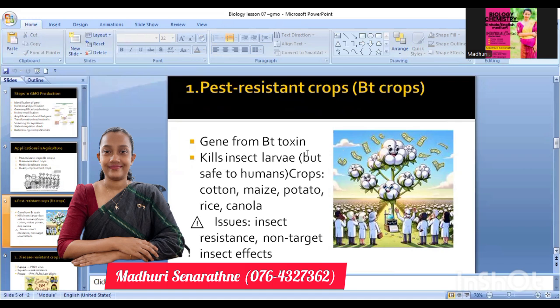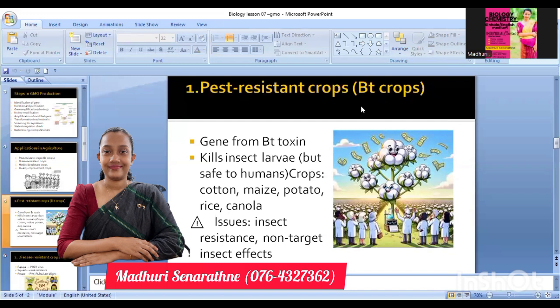One major application is pest resistant crops such as BT crops. BT means Bacillus thuringiensis. It's a bacterium. These crops contain a gene from Bacillus thuringiensis that produces Bt toxin.